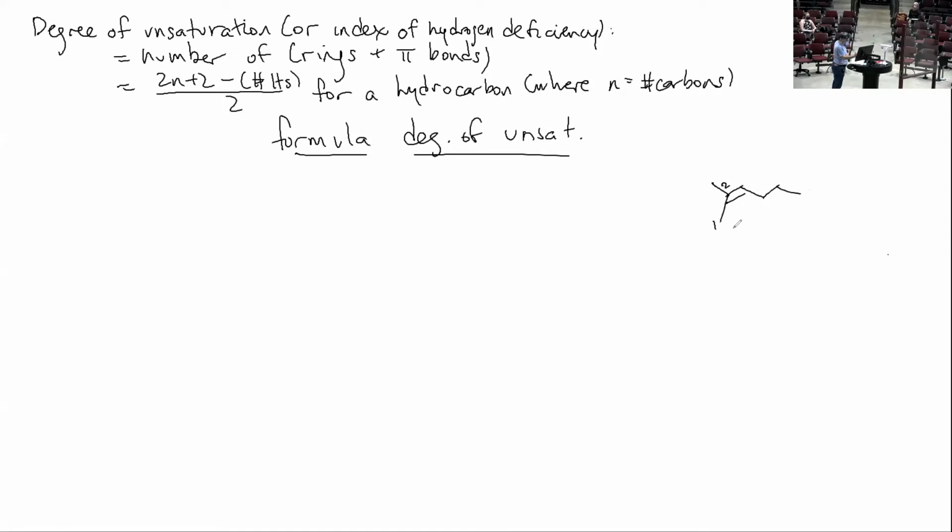I propose we call that 2-methyl-2-hexene. No cis-trans, no E and Z, because it's not possible. How could there be? Anytime you compare two groups that are the same, by definition, it's a tie. And you'll run into that sometimes.